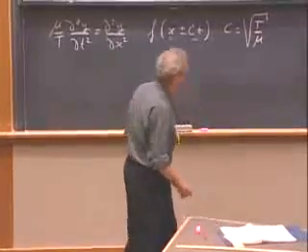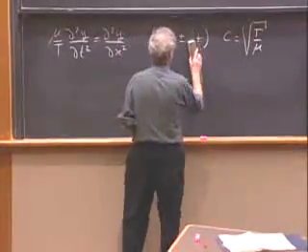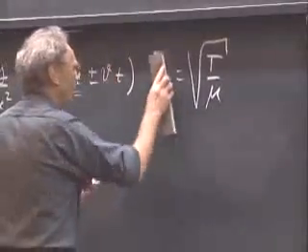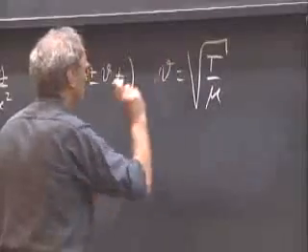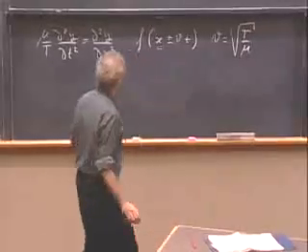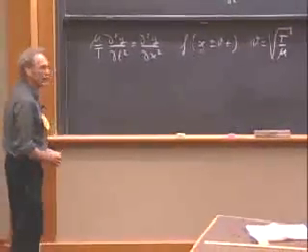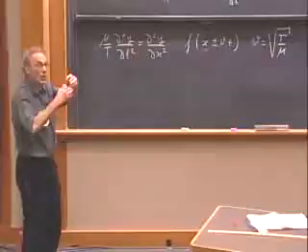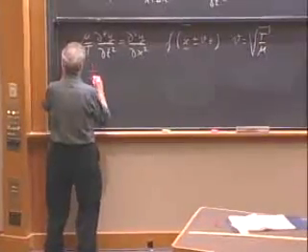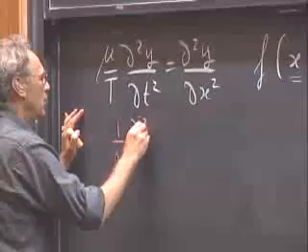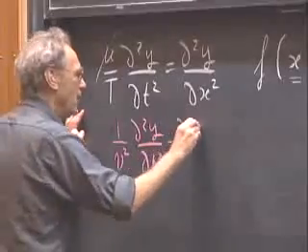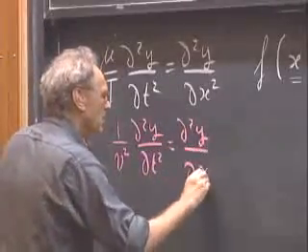So therefore, you might as well write this as plus or minus vt, and you might as well write v for here, a velocity, and we might as well change now this differential equation in a way more uniform way, which is what I'm going to do now, which is 1 over v squared times d2y dt squared equals d2y dx squared.